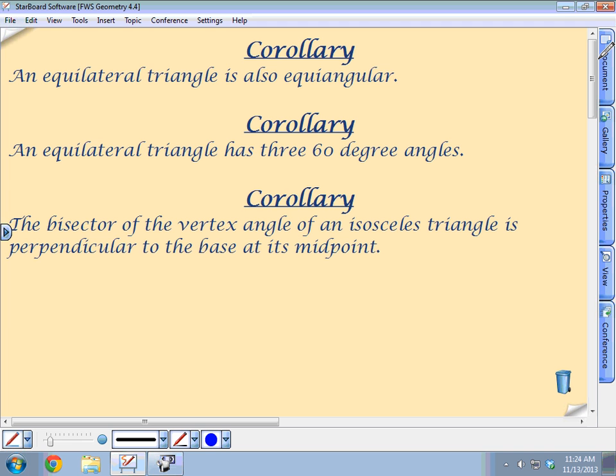The corollaries. What is a corollary? It's a statement that you can use to be true because of a theorem that was proved. So it's part of the theorem. As part of the isosceles triangle theorem, these three things can also be said about it. So it's like a brick to build the theorem?